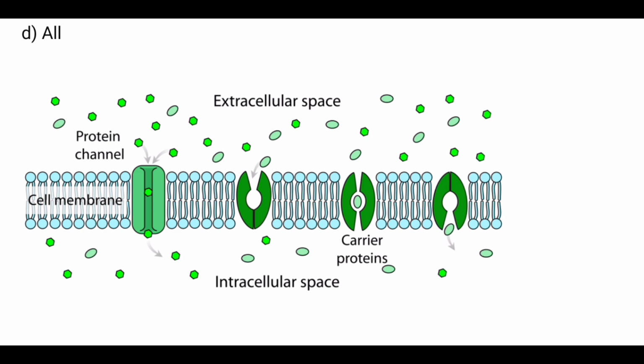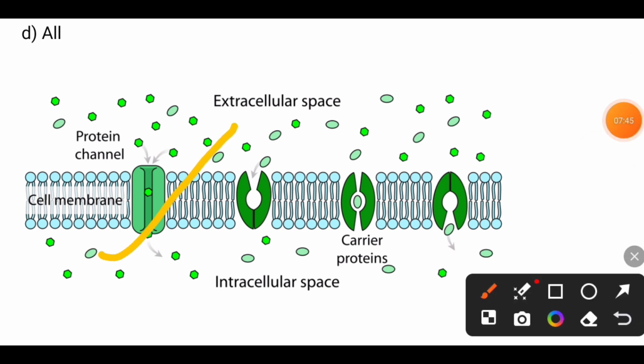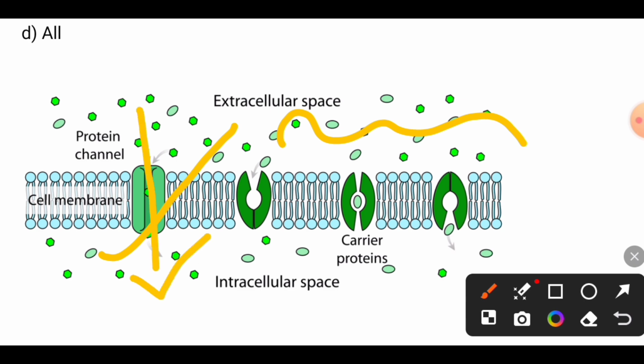There are two types of proteins. They are channel proteins and carrier proteins. The first one is the channel protein. These three are the carrier proteins. Channel proteins give the channel for lipid insoluble molecules or ions.